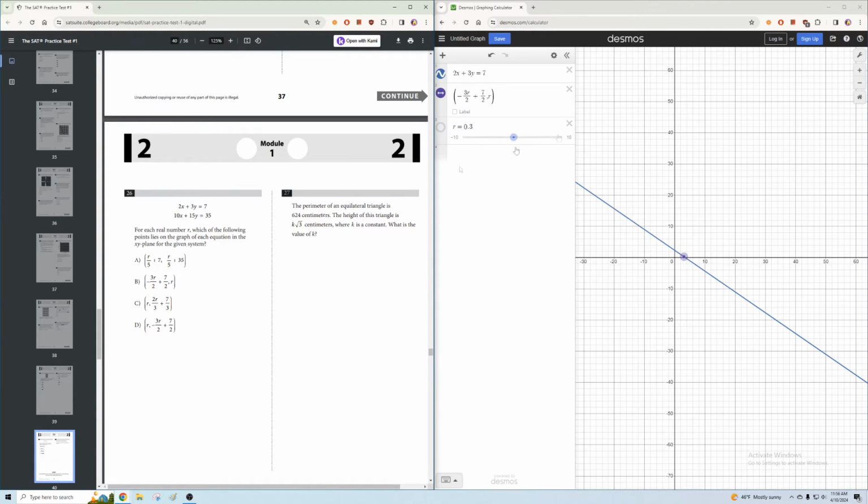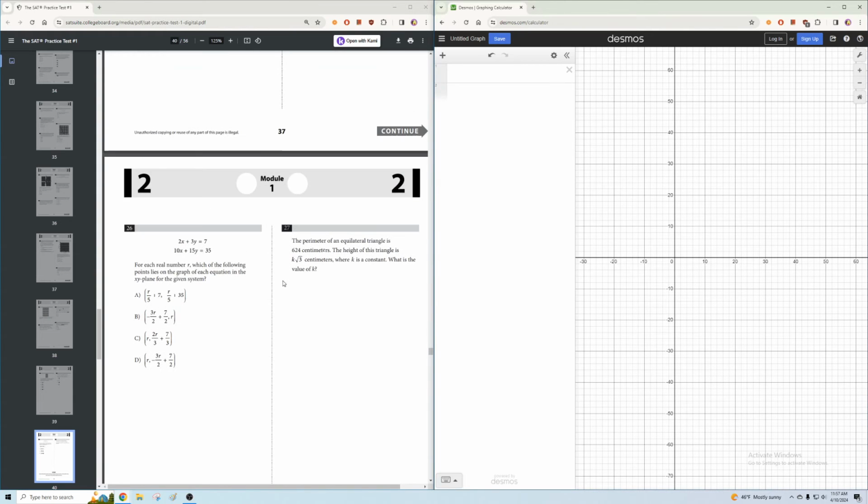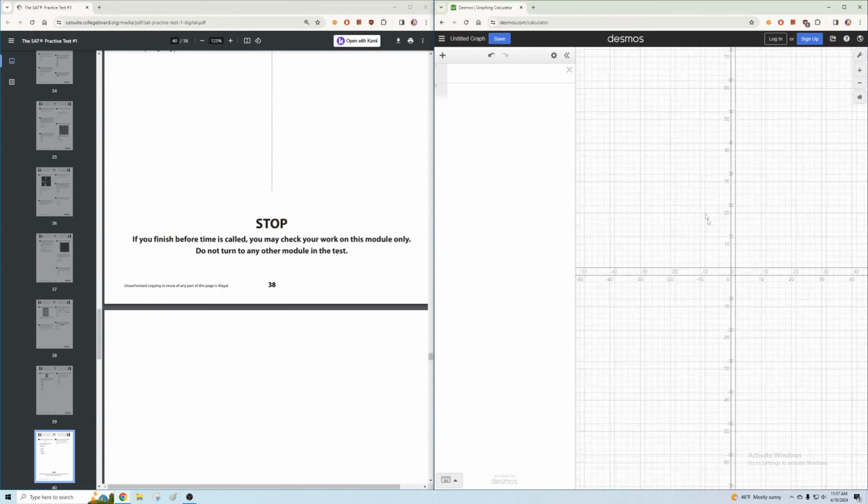Half the test. I just did half the test without really writing anything on a sheet of paper here. I just used Desmos, good friend.